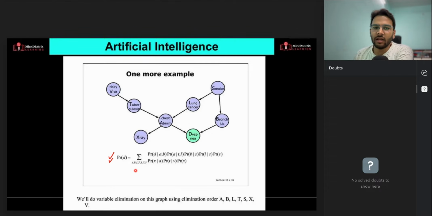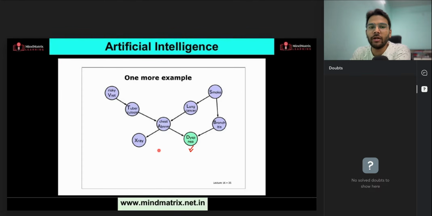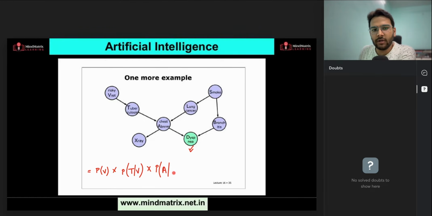So again, if I have to write this joint distribution, how can I write this? Let's write it here, and then we will verify from the next slide. Let's start with probability of V. So it should be probability of V multiplied by probability of T given V, then probability of A given T and L, correct?